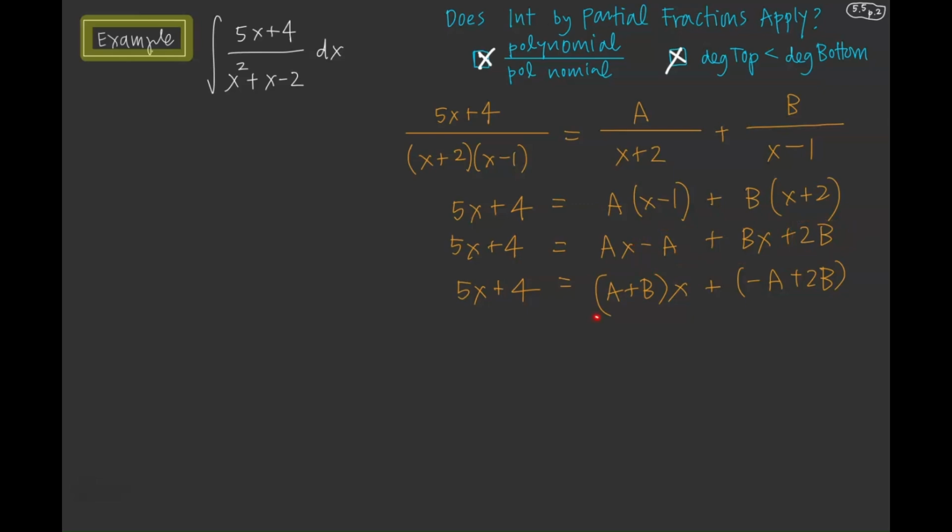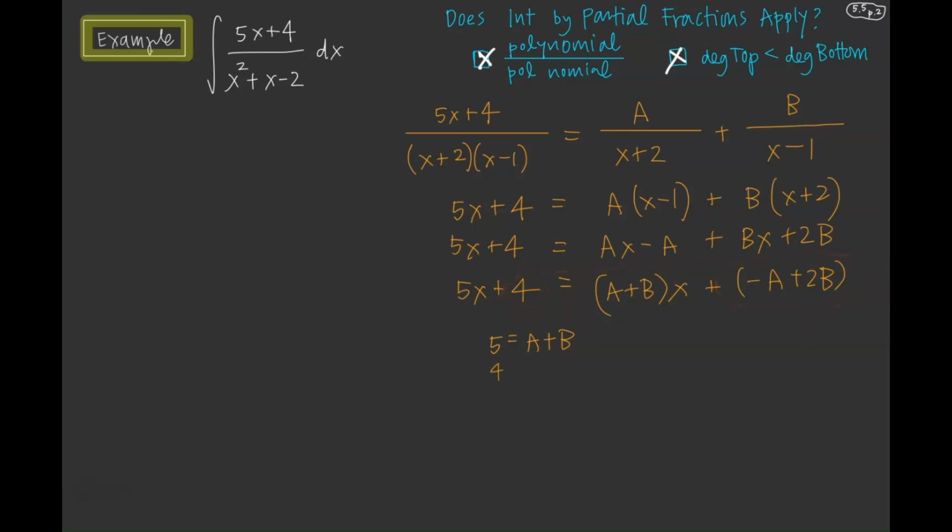So because of this equality, and there's a 5x over here, any of the x terms have to be equal to that. So 5 must be equal to A plus B. And then with similar logic, this constant 4 has to be equal to whatever constants are left behind.